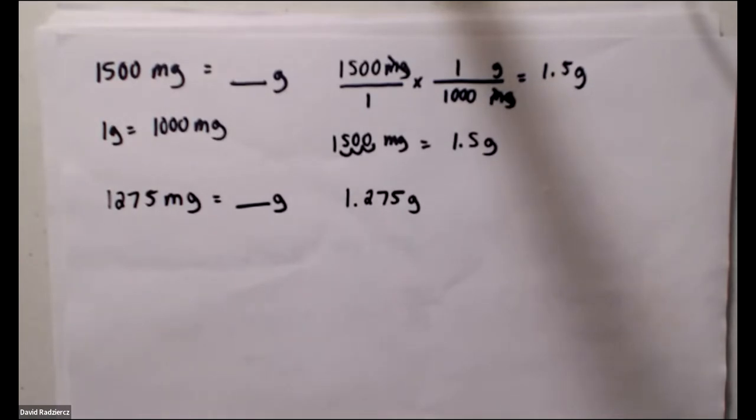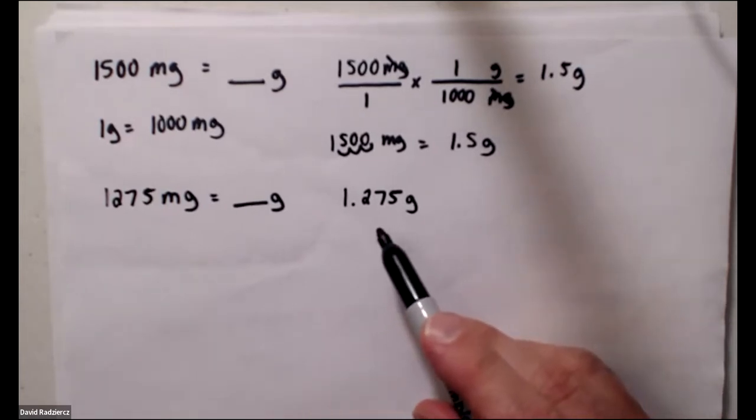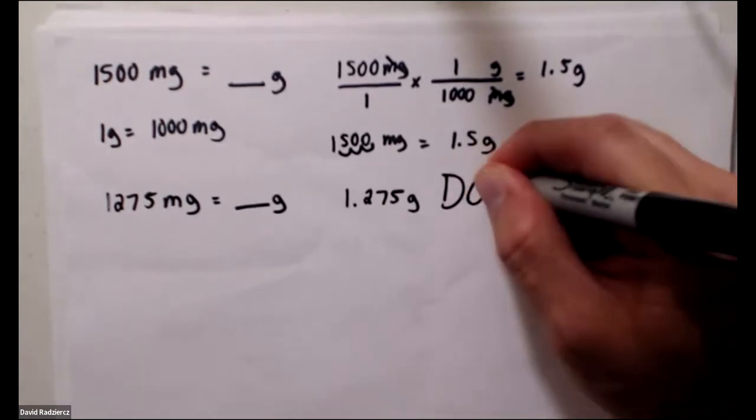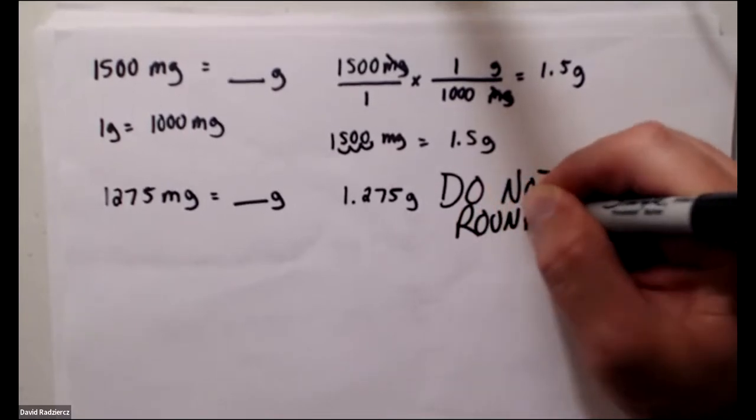your basic unit conversions. If you're going metric to metric, don't round that. If you're going household to household, don't round that unless you're told to round that. This is just kind of doing math. So even though this breaks the rule and you're like, no, I want to write 1.3, do not write 1.3. So do not round these.